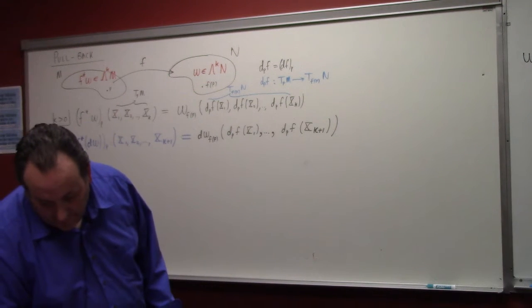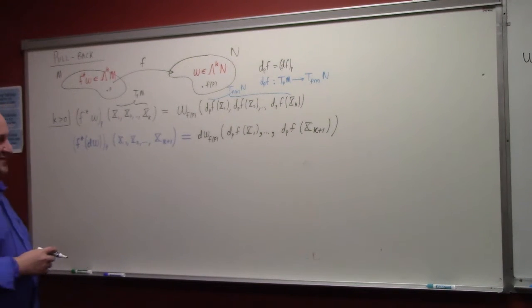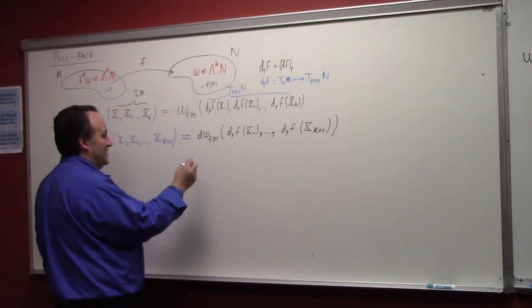Now, beware, the calculation on page 243 uses the repeated index notation. Let me undo that here.